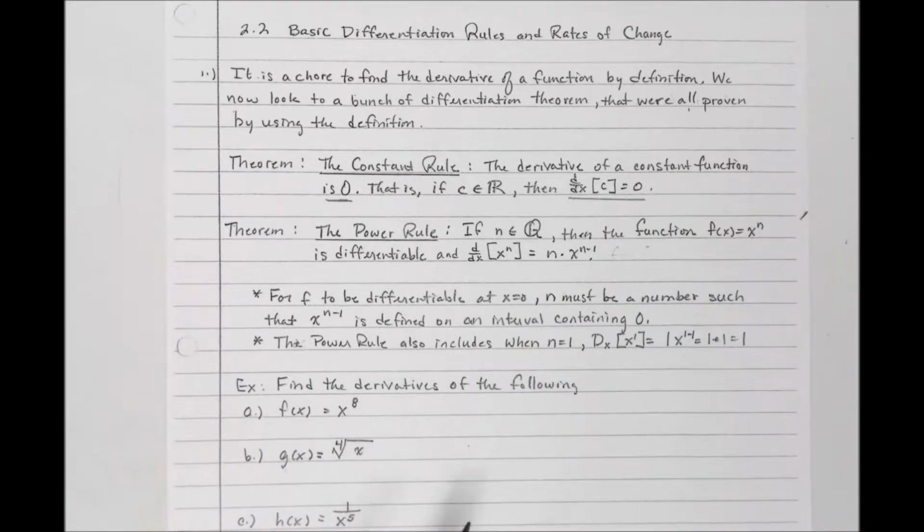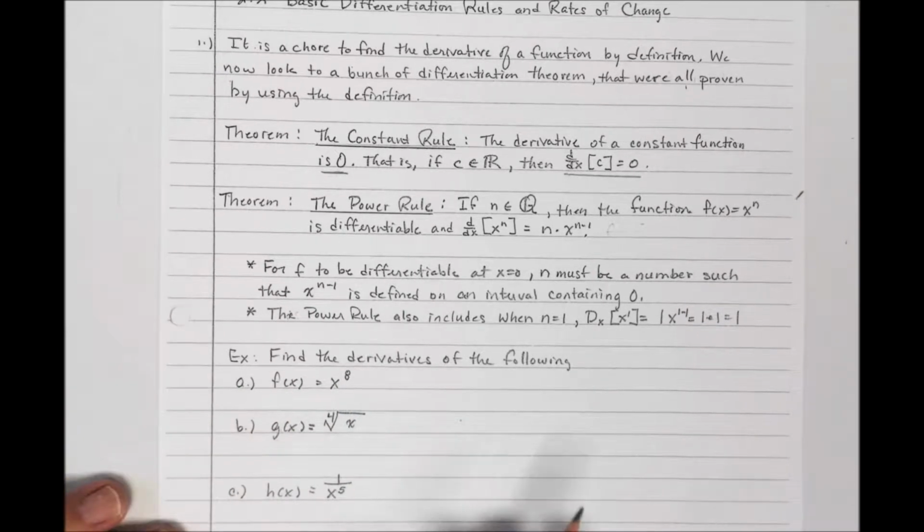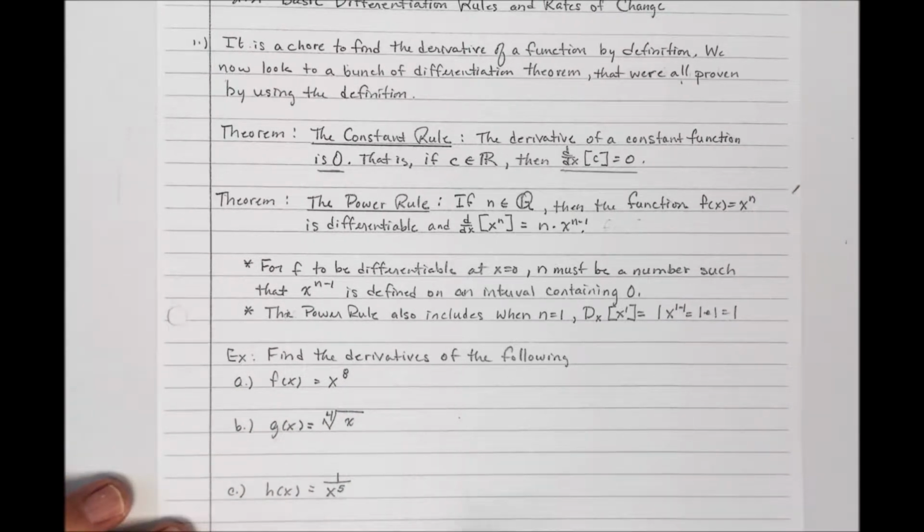Now the power rule is extremely important, not only in this section, but in some of the other sections that are coming up, and we'll generalize it a little bit later on.